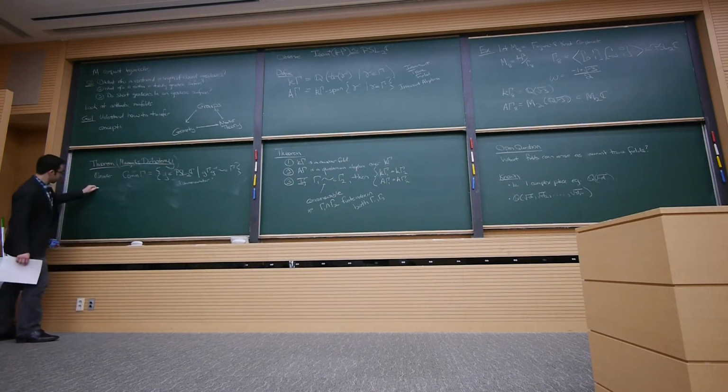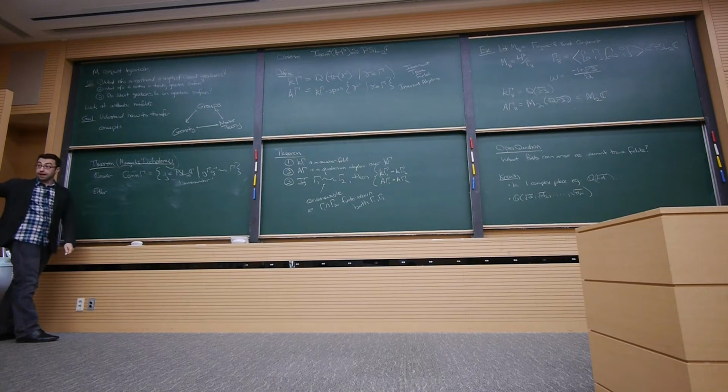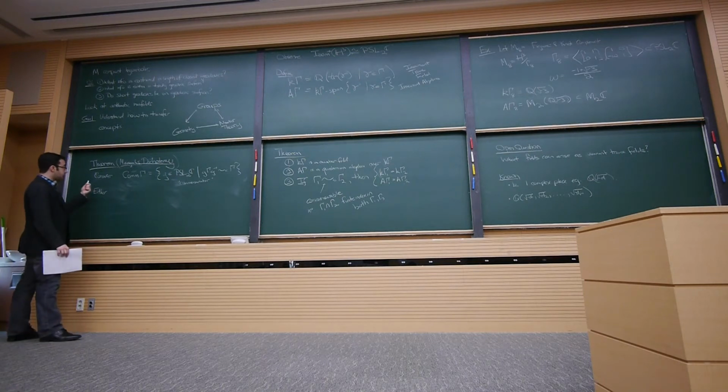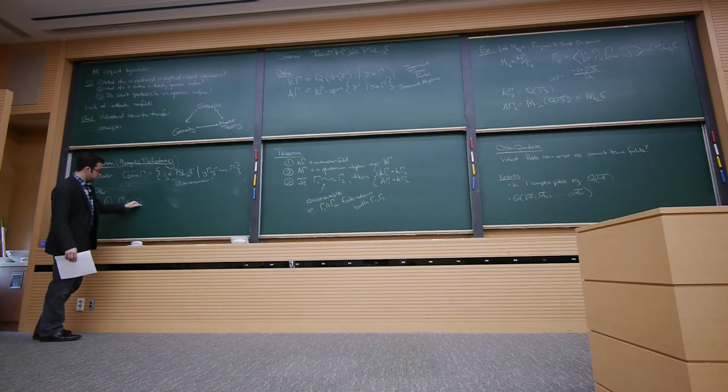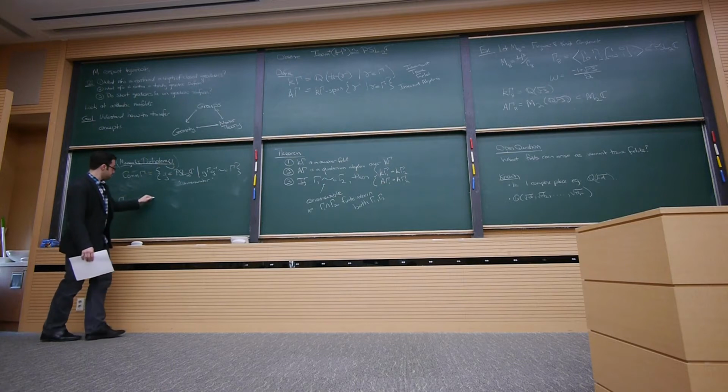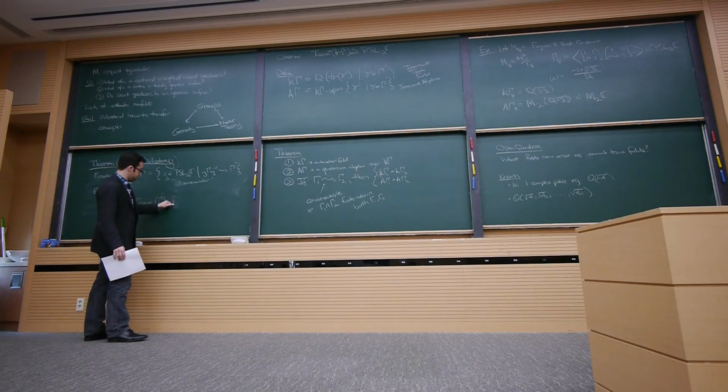Either one of two things can happen. One, gamma is finite index inside the commensurator.